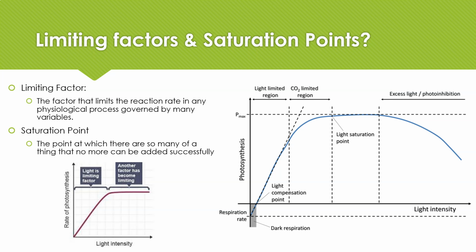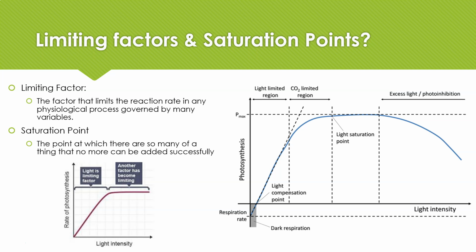Carbon dioxide is, however. So we're limited by light, but then as we get to this point where we're increasing light intensity, but we're not seeing a massive change, in fact, it eventually plateaus, what that means is that carbon dioxide mustn't be available enough. So carbon dioxide becomes the limiting factor, and you won't see an increase in the rate of photosynthesis there unless you were to also increase carbon dioxide, which you can't actually show on this graph.